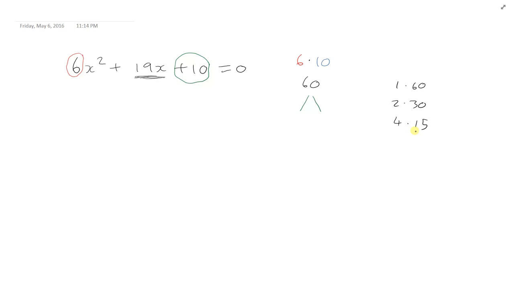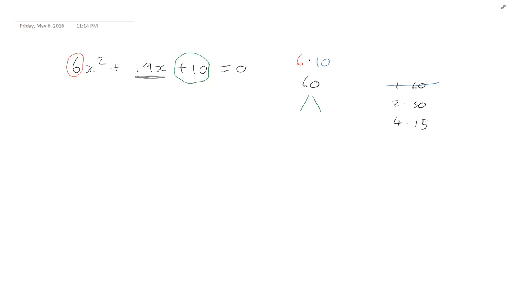Now I'm going to look for factors that when I multiply them together give me 60, but when I add them give me 19. You can see 1 times 60 is 60, but when you add them together, this is 61, so that's not an option.